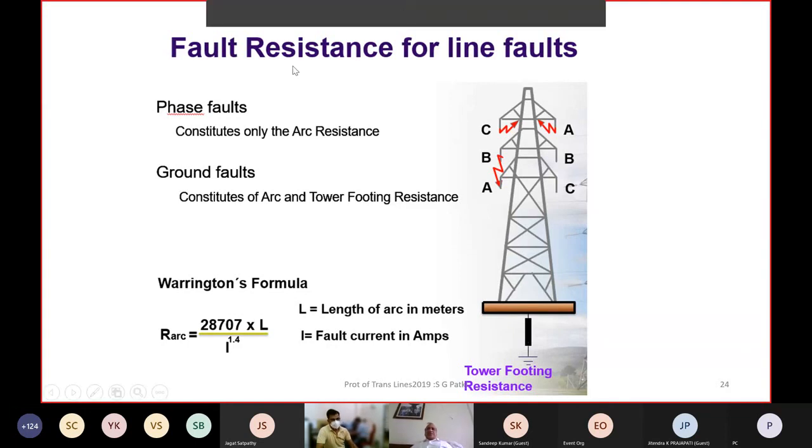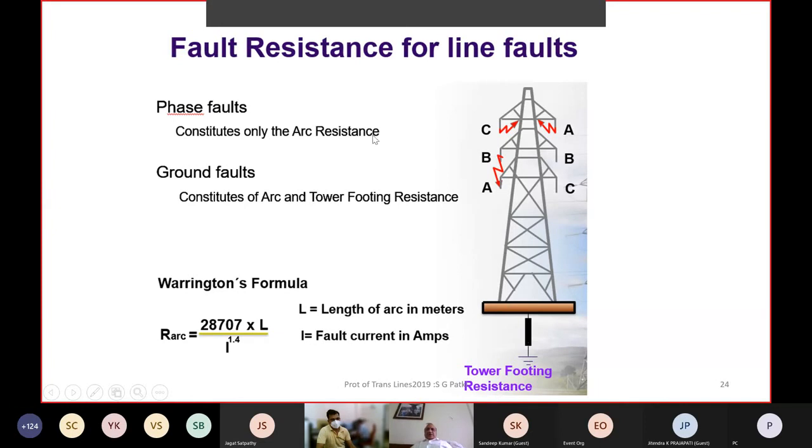If you look at the fault resistance for the line, normally if there is a fault between the conductor, the fault current flows to the tower, which is earth, and flows through the tower structure to the ground, and there is a ground resistance which is called tower footing resistance.